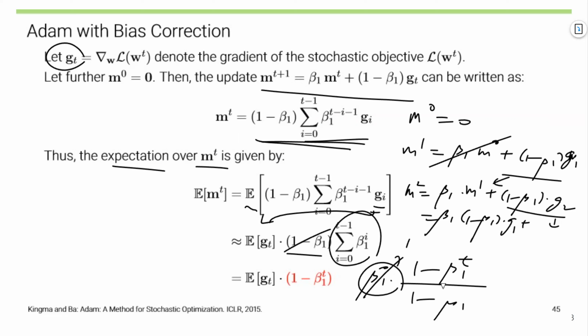So the expected value is not the true GT, but multiplied by 1 minus beta 1 to the t.